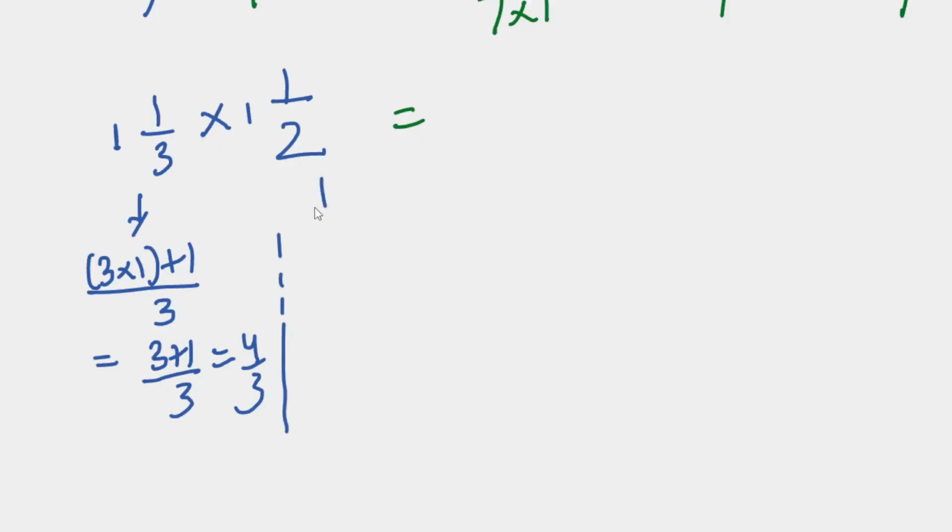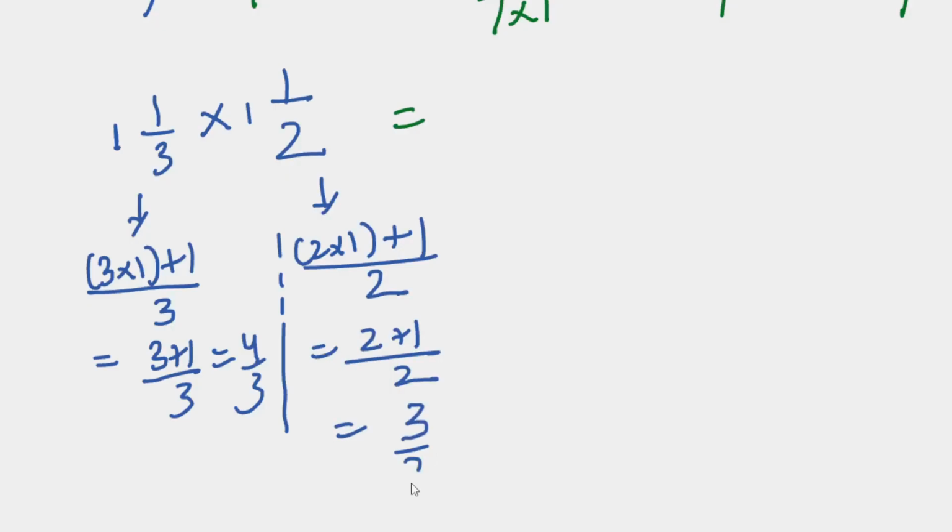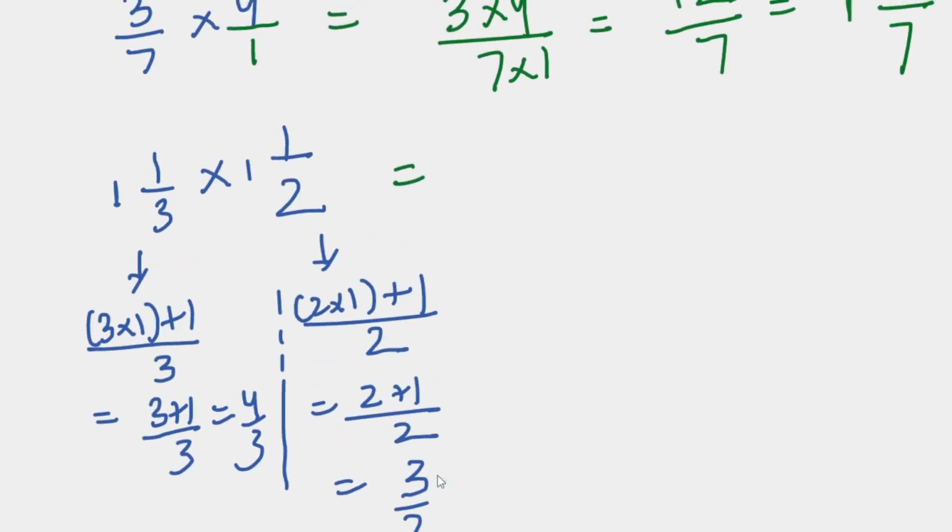Now this one, 2 times 1 plus 1 divided by 2. We get 2 plus 1 by 2, 3 by 2. Alright. So in place of the mixed fractions, we will write their respective improper fractions. So this one we got 4 by 3, and for this one we got 3 by 2.